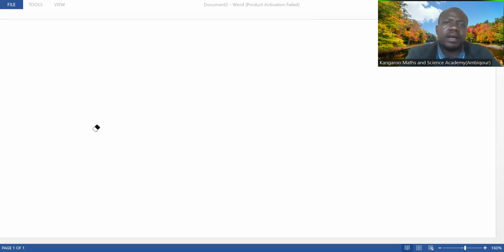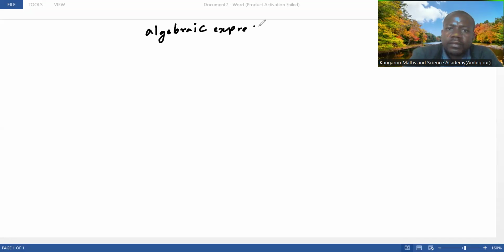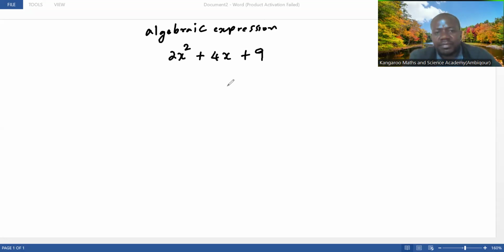Then again, you need to be able to know the coefficients, very important, of an expression, the constants. For example, under algebraic expressions, if I say 2x squared plus 4x plus 9, this is an algebraic expression, and it has 3 terms.